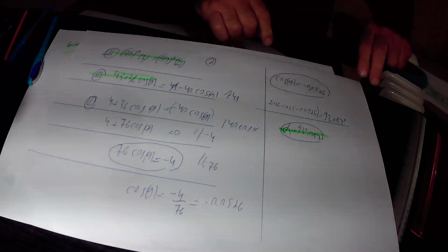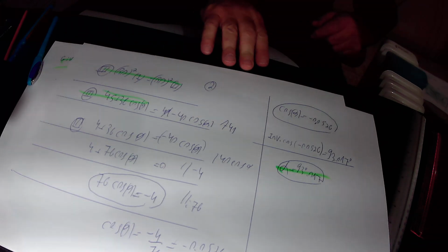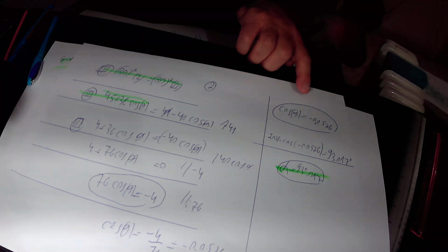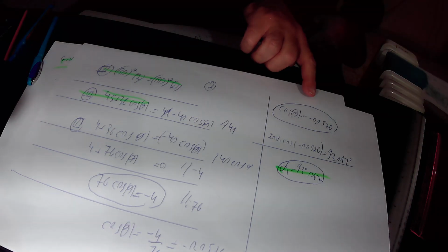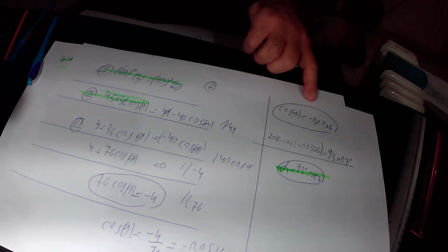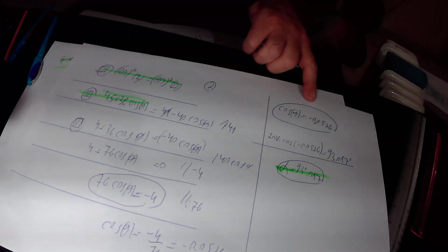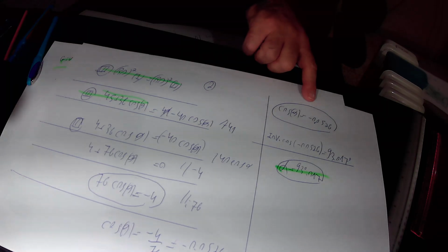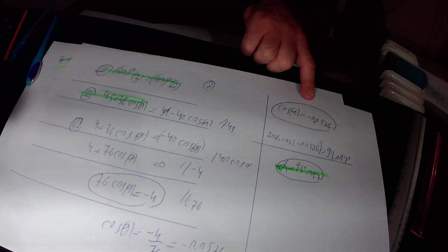And we would like to find the value of alpha itself. In order to find the value of angle alpha itself, we just have to apply the inverse function of cosine on the result of this equation. We get the value of alpha itself. So the inverse cosine of minus 0.0526 is equal to alpha.